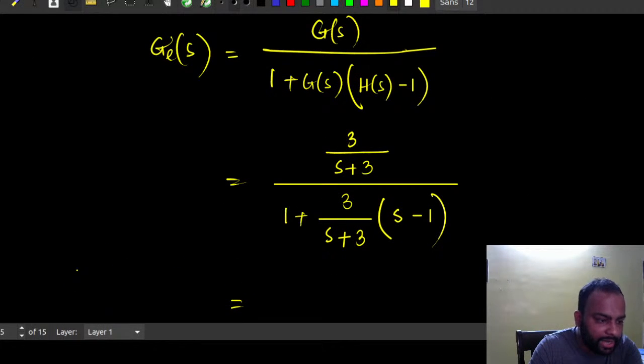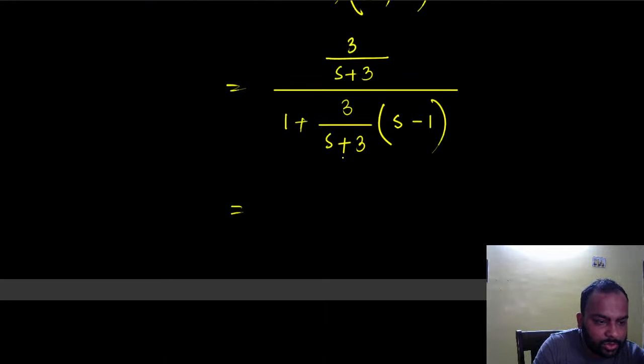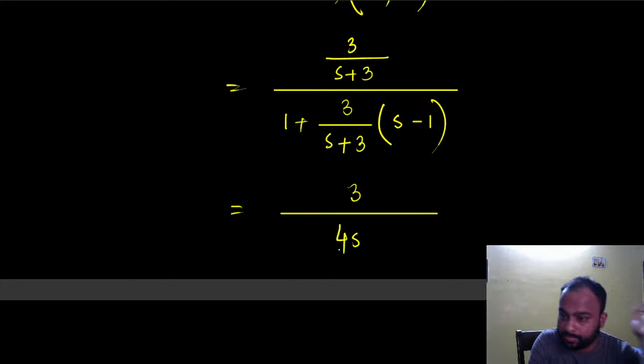So again, I need additional pages. So with this, let's simplify this. So I would have 3 divided by S plus 3 plus 4S.